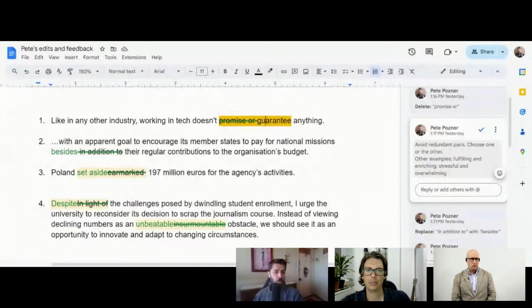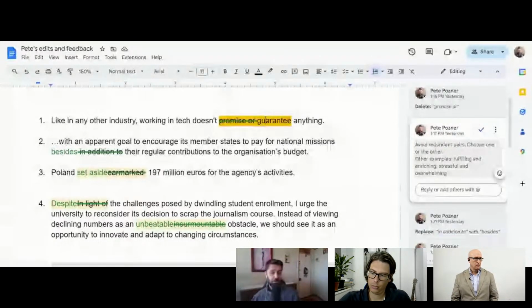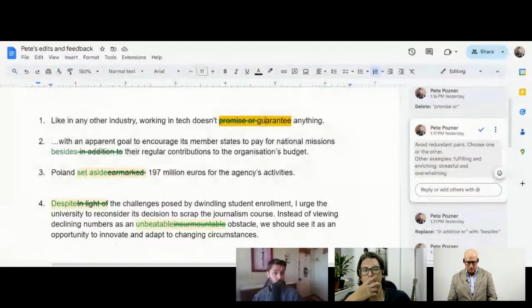And quite often, one word is actually implied in the other word. So for example, something that is overwhelming is also stressful. So in this case, you might be best just to use the word overwhelming, right? Because that includes stressful within that. So that would be one point.